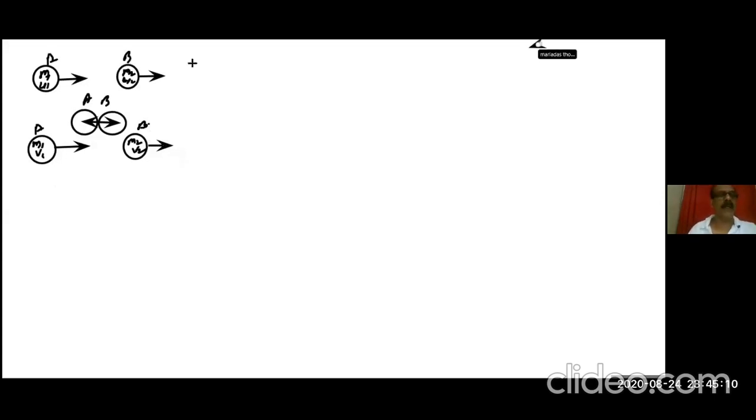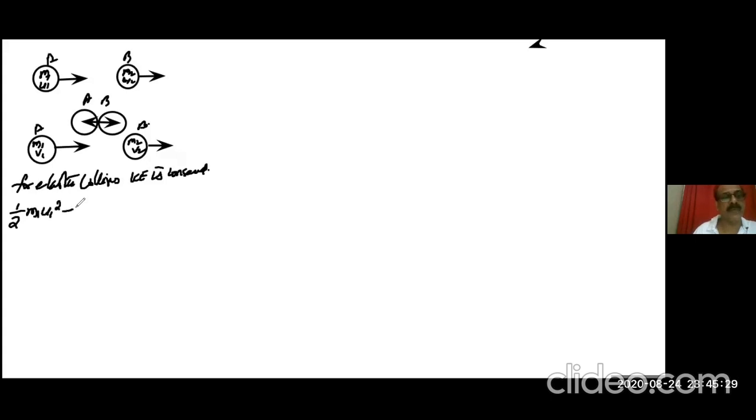Now look here, for elastic collision, kinetic energy is conserved. Then we can write half m1 u1 squared plus half m2 u2 squared is equal to half m1 v1 squared plus half m2 v2 squared. Please mute your mic.